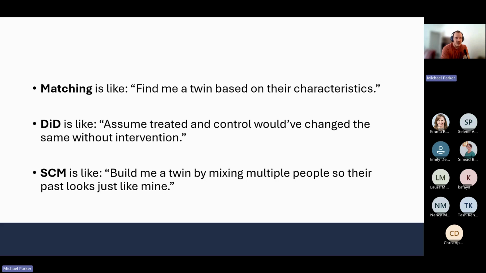And that way you have almost, in an ideal world where the method works properly, a perfect match that you can study your outcome on, so that there's no differences. And the example I give for this, which I think is a good anecdotal example, is imagine you were looking at children going into care, and you've got a bunch of cases of children who did go into care, and you're trying to find a control for them. So it would be unfair to say that a fair control is a normal child in the general population, because they haven't gone into care, so their situation isn't the same.